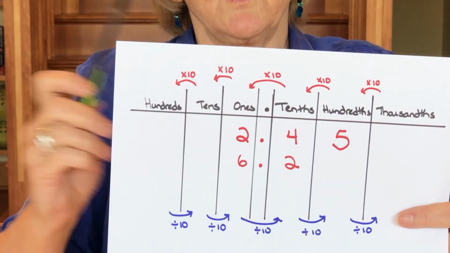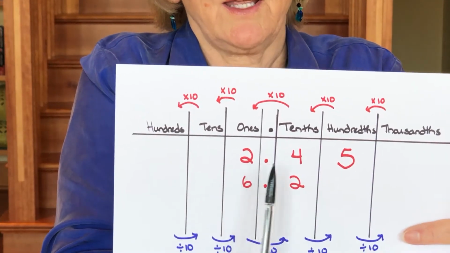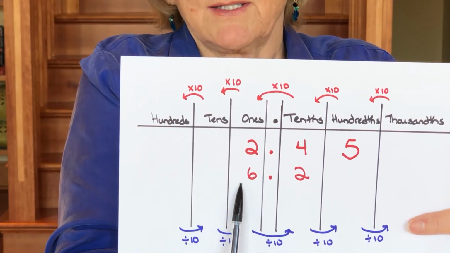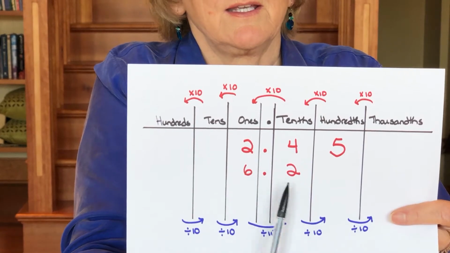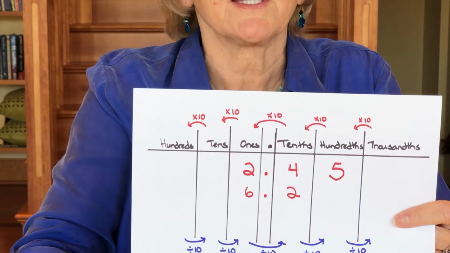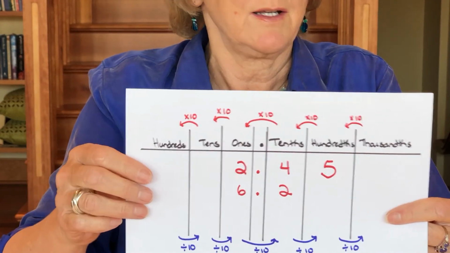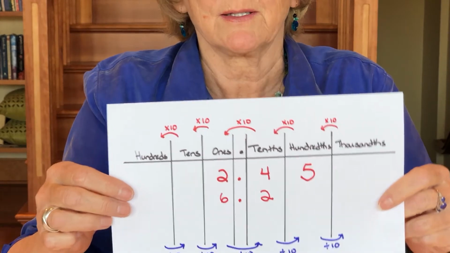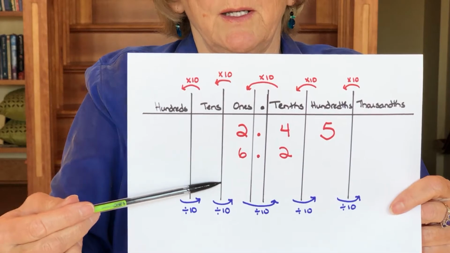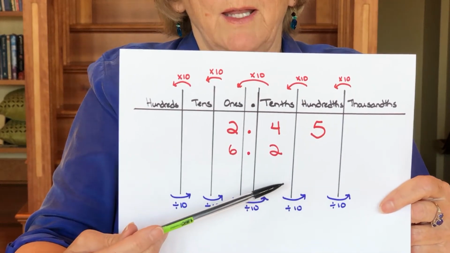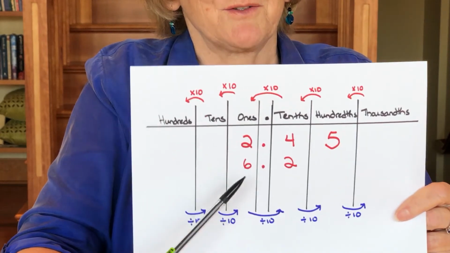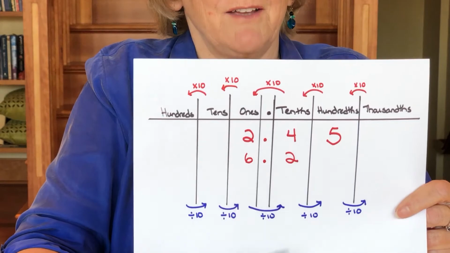So let's go back to our addition problem. 2 and 45/100ths being added to 6 and 2/10. If I think about place value and how I represent them in my place value chart here and also with my base 10 pieces, you can see that 6 and 2/10 being added to 2 and 45/100ths would be 8 and 65/100ths.